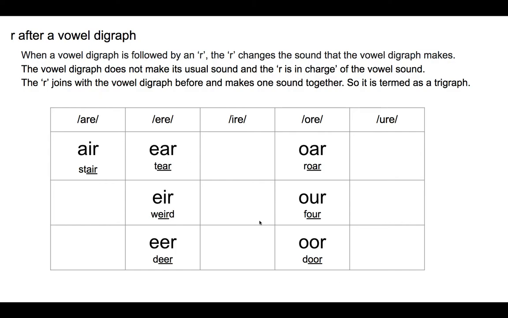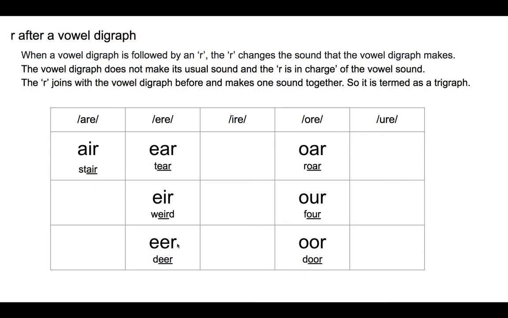So these are the trigraphs formed when a vowel digraph is followed by R. A-I-R makes the sound air, st, air, stair. E-A-R makes the sound ear, t, ear. E-I-R also makes the sound ear, w, eir, weird.